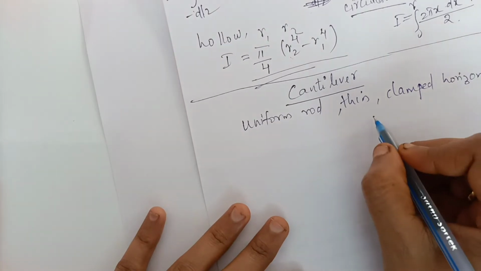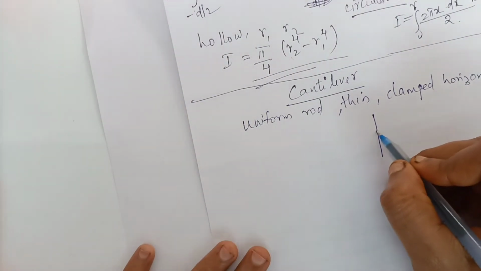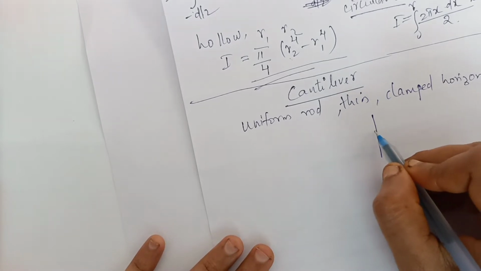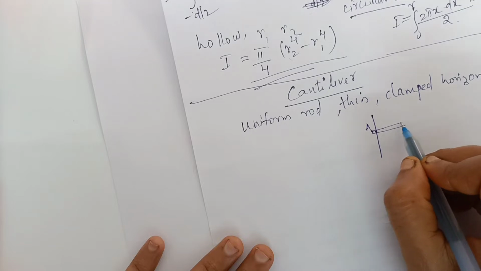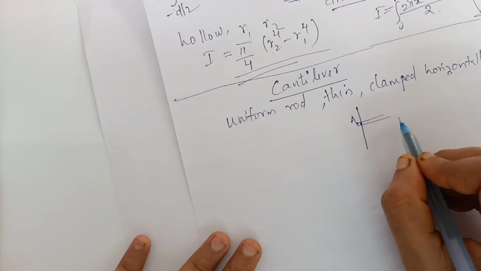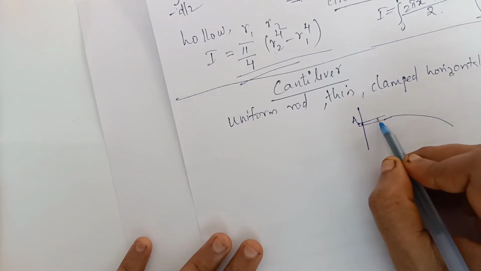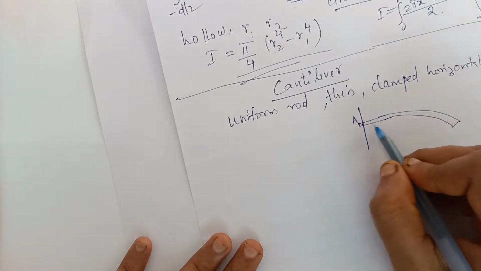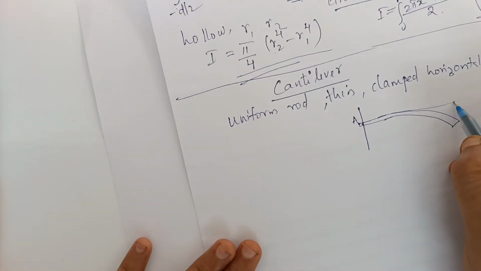For example, we have a wall and we clamp a rod AB to it, and we apply a weight to the end of that rod. Let the straight path be AB.